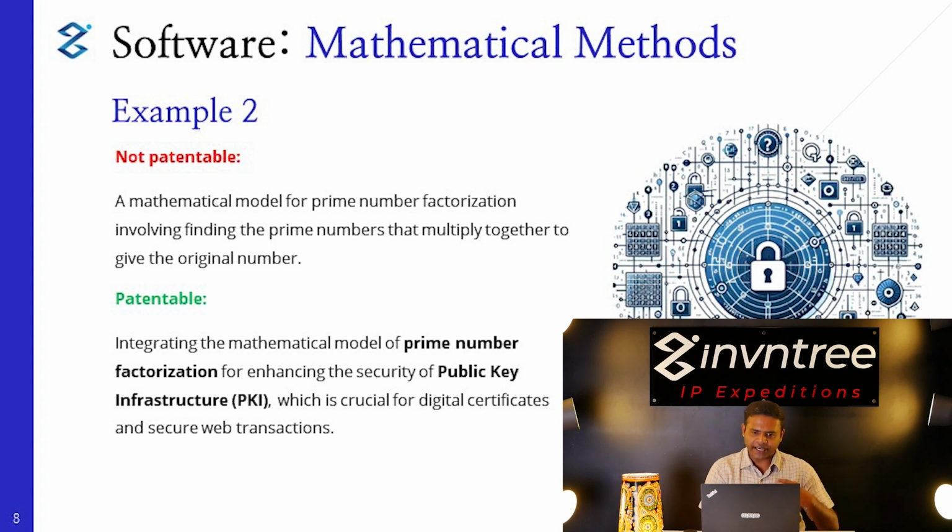So these are two distinct examples wherein the innovation itself could lie in the mathematical model, wherein the mathematical model by itself cannot be patented, but the moment you integrate that model into a specific field of technology, it becomes patentable.